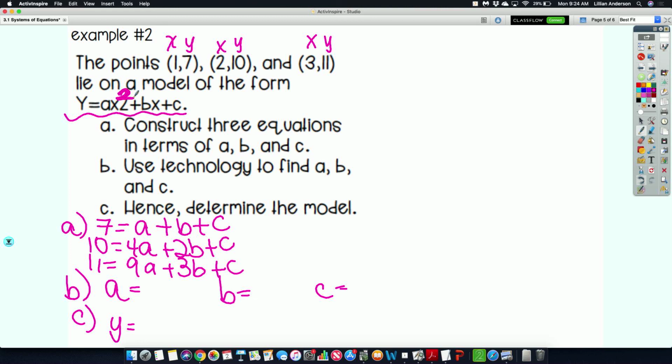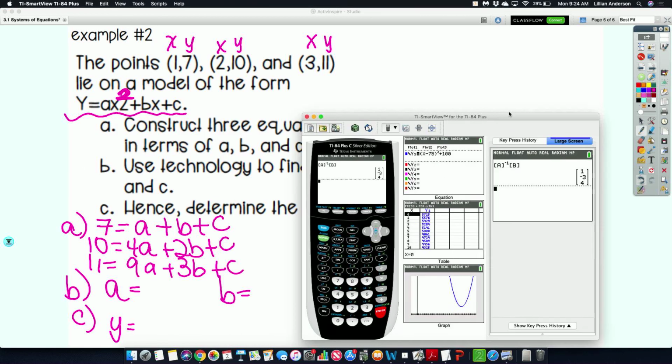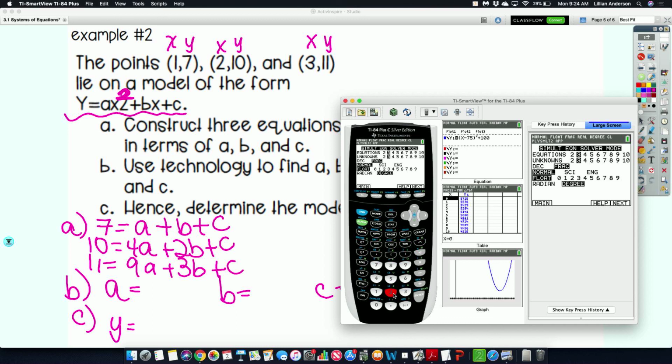Quadratic one. All right? So now I go into my calculator and I do the fancy thing, or I have to do matrix depending on what kind of calculator you have. If I'm using the application, I need to make sure I go into apps, option 4. Well, for me it's 4, and then once I get in here, I press any button and I go to option 2. Good stuff. How many equations? 3. How many unknowns? 3.